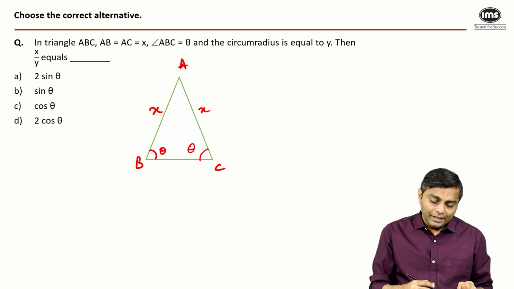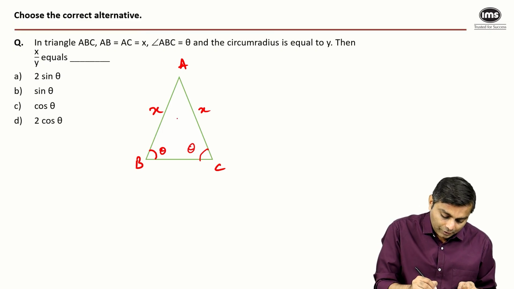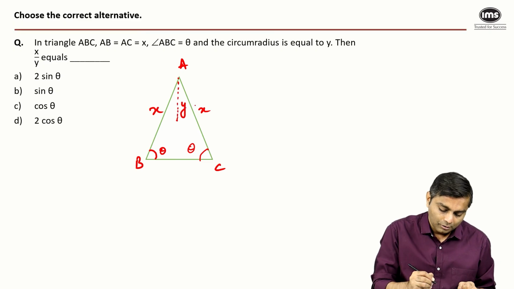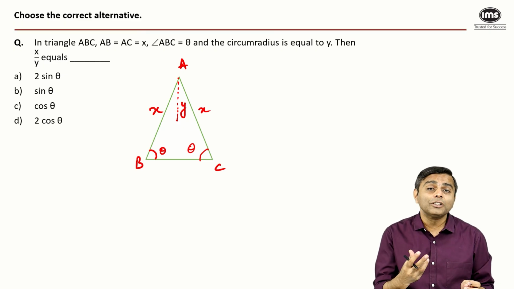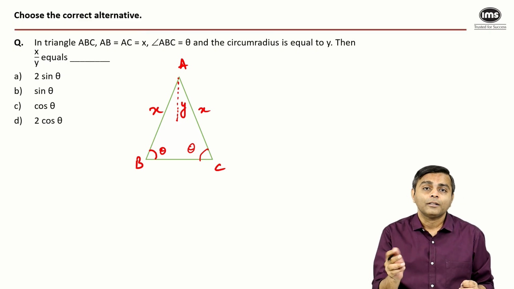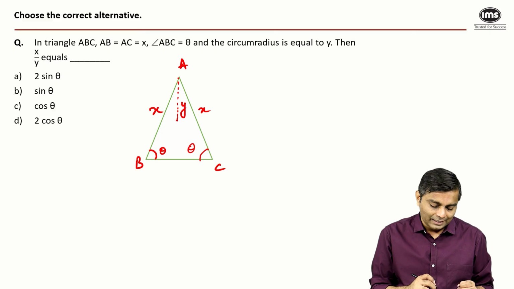Okay. Circumradius is equal to y. Great. So if I have to actually draw the circumradius, let's say this part is nothing but y. Then x by y is equal to... So somehow we have to find the connection between the circumradius and the congruent side of the isosceles triangle.